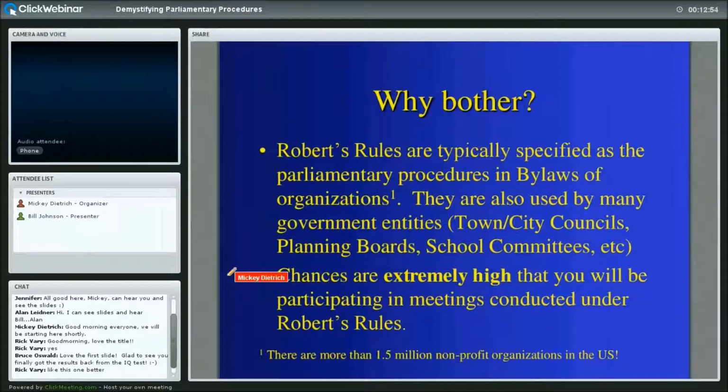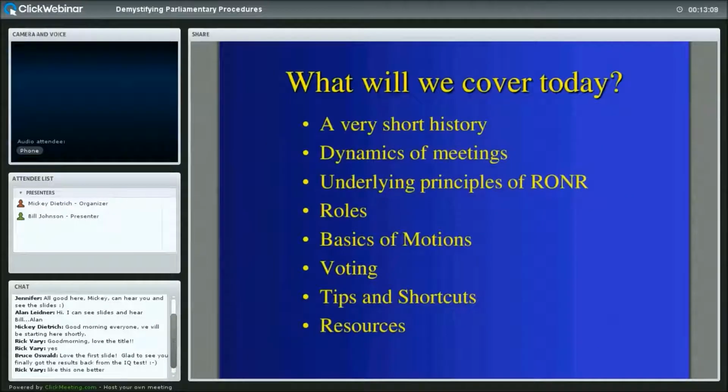So here we are in the new year. This is one of those small incremental self-improvement things that you can undertake with minimal effort and be better for it. So that's my little soapbox on why you should care about this.